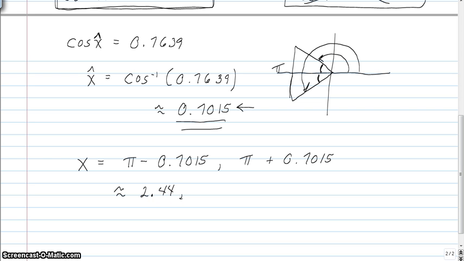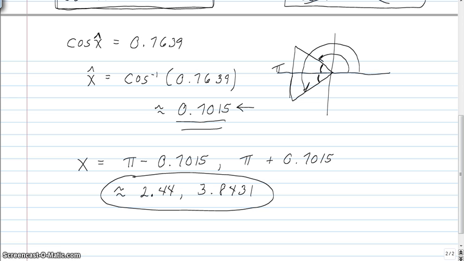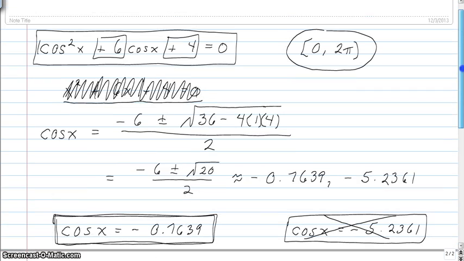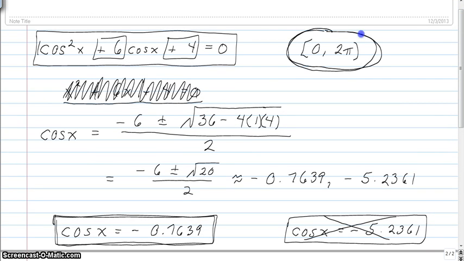And if I punch the other one in to the calculator, I think I get about 3.8431. And of course, if you needed to, you could convert those to degrees, but that should get us our two answers that are in this specified range.